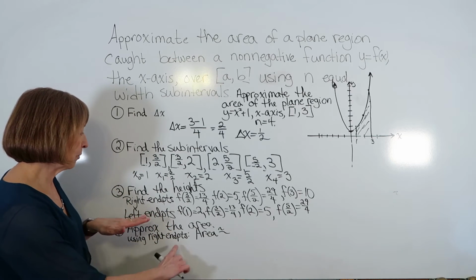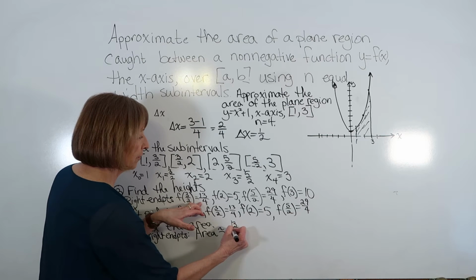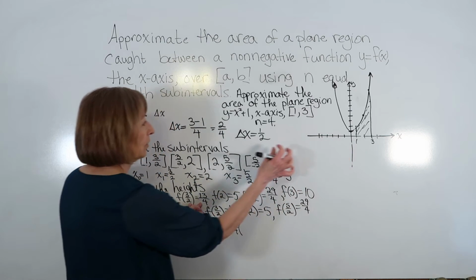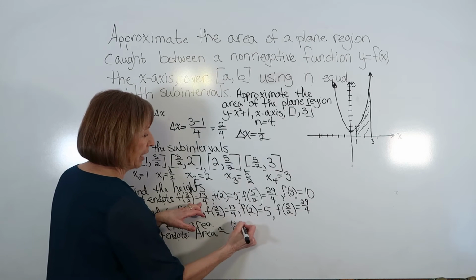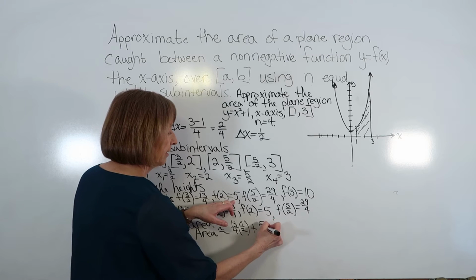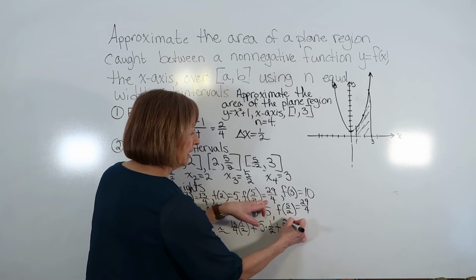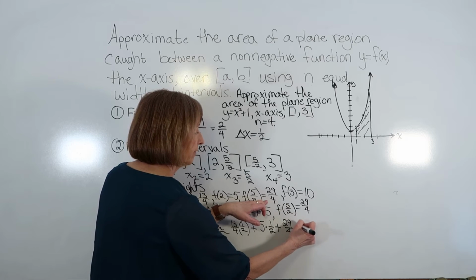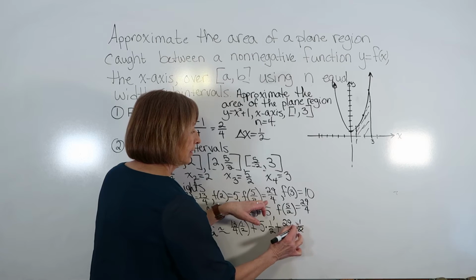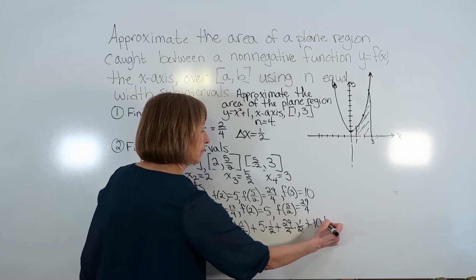So for the right endpoints, I'm going to go 13/4 times my width of my rectangle, which is your delta x, so times a half. And then plus 5 times a half. And then plus 29/4 times a half. And then plus my 10 times a half.